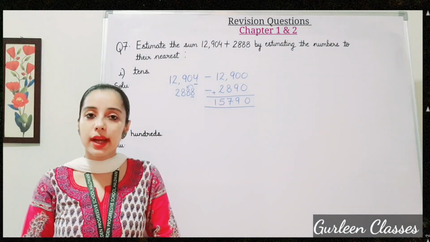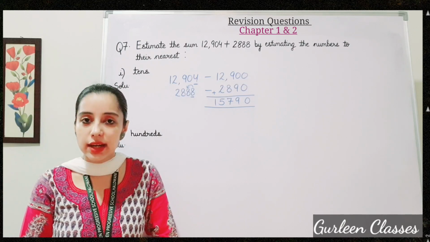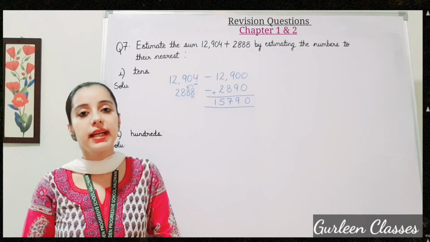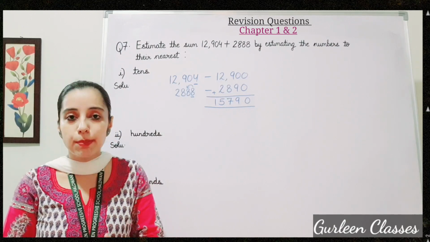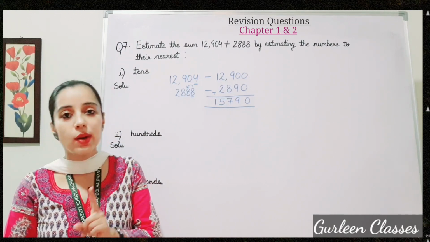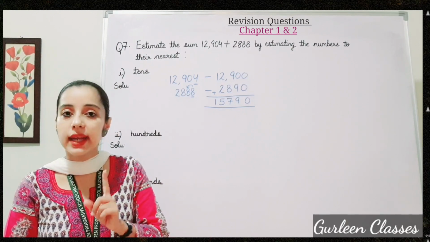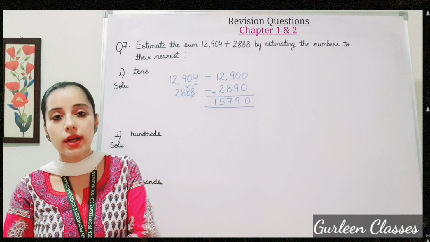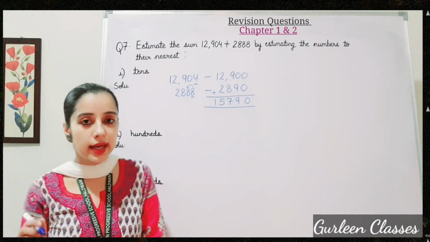Second part, estimate to their nearest hundreds. Whenever we have to estimate to nearest hundreds, we see the digits at tens place. If a number is less than 5, we simply put 0 at tens place and ones place. If the number is more than 5, what we do at tens place and ones place, we put 0, 0 and 100 place will be plus 1. Let us check.